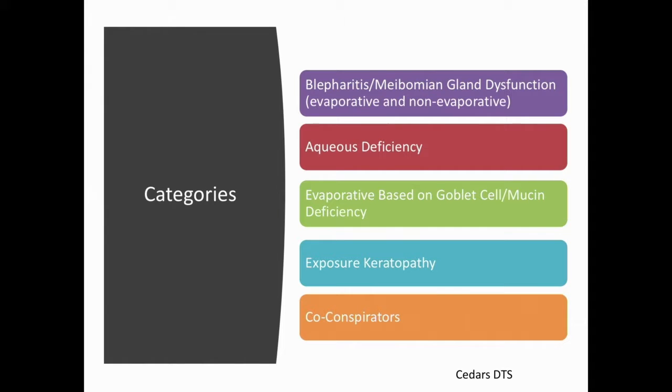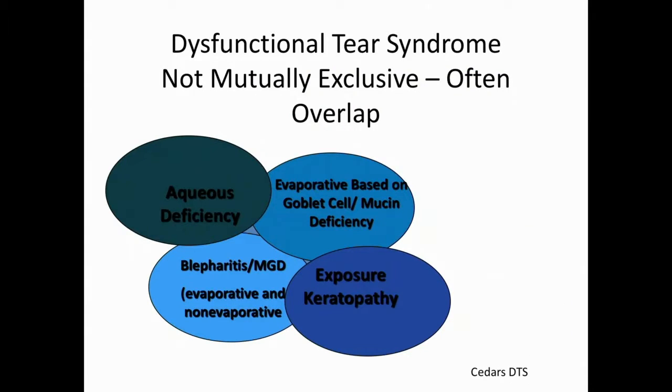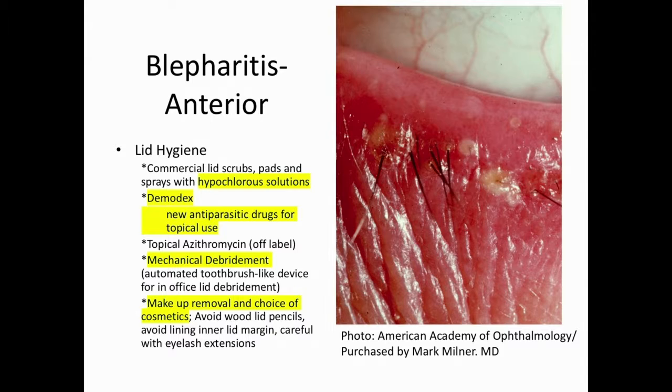Different categories of treatment include aqueous deficiency, evaporative based on goblet or mucin cell deficiency, blepharitis, both posterior and anterior, and then looking at co-conspirators. With dysfunctional tear syndrome, these are not mutually exclusive, and we often get an overlap in categories. I've highlighted in yellow the updated information here.